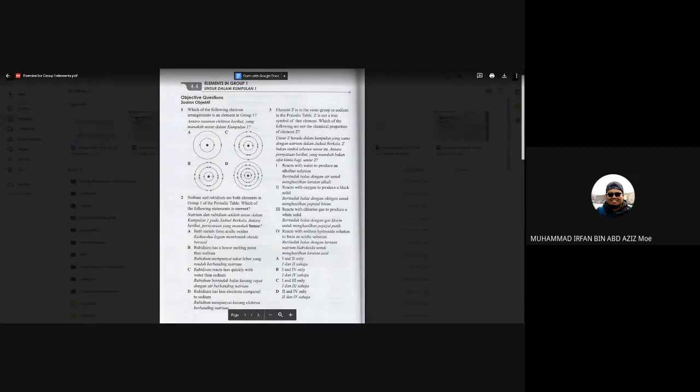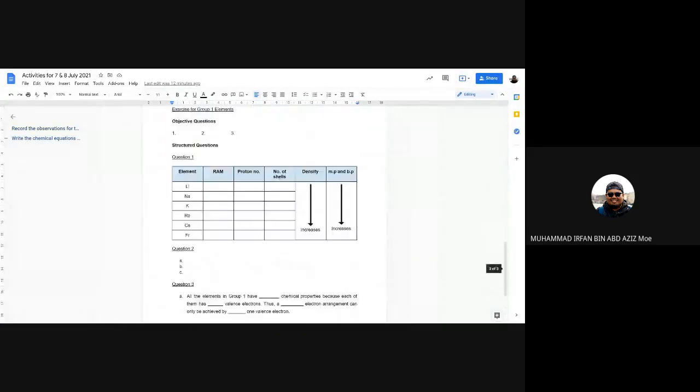Template muka surat 2 ni isi apa? Template muka surat 2 yang mana tu? Yang ni ke? Yang ni kena Jen? Ya, objektif tu just isi je, isi yang tadi kita bincang tadi tu.